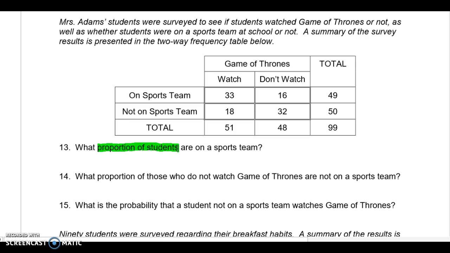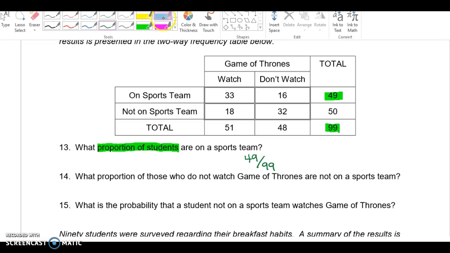It's saying are. That means that that's the second condition that's met. So proportion of students, so again, we're looking for all students, are on a sports team. I see 49. So my proportion there is 49 out of 99.